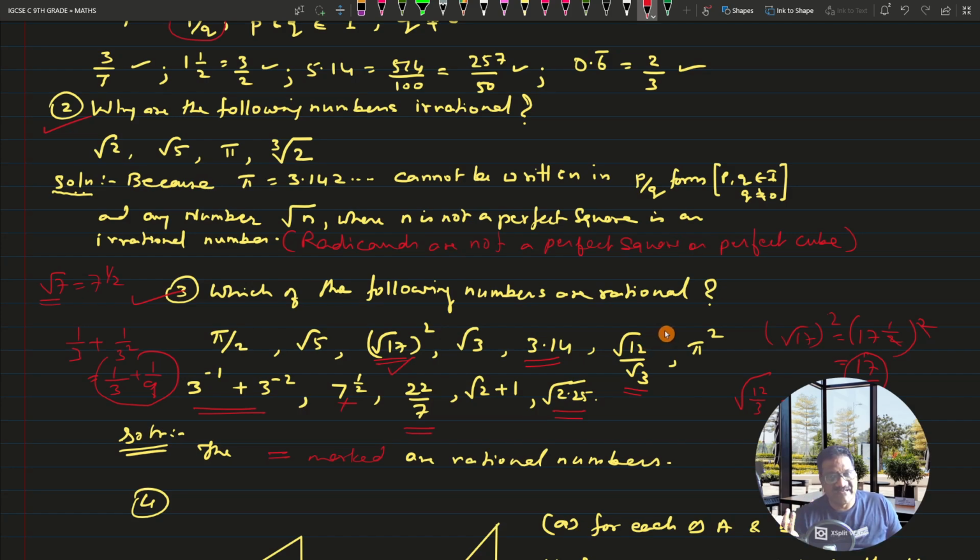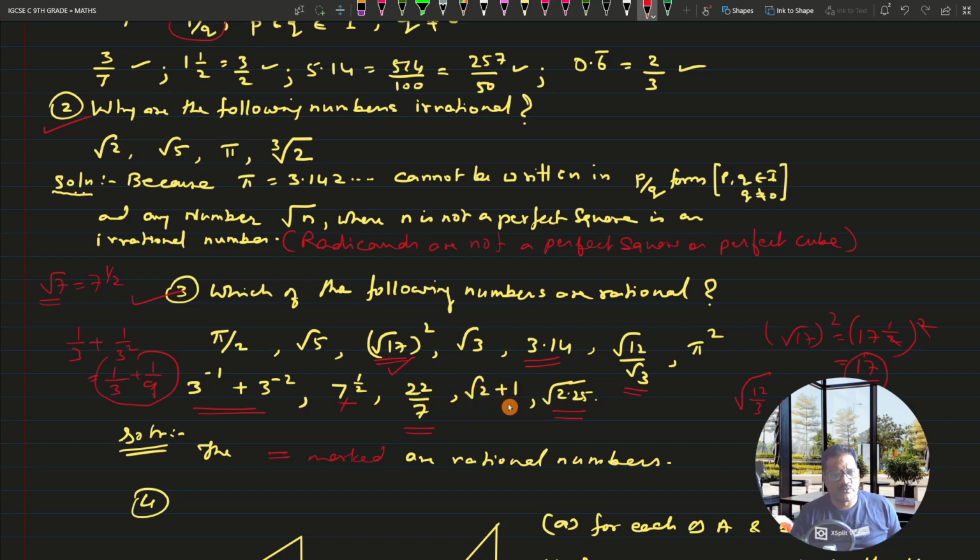In the lower classes you might have studied that the teacher will tell you either you use pi or you can use 22 upon 7 for pi. Now 22 upon 7 and pi are almost equal to each other, but the major difference is pi is an irrational number and 22 upon 7 is a rational number. But they both have almost the same value.